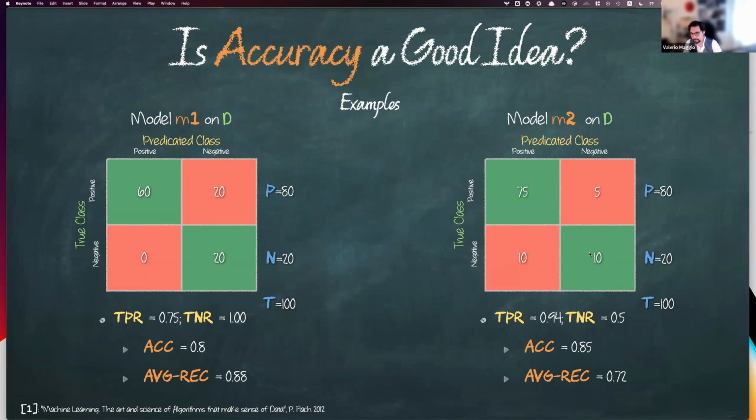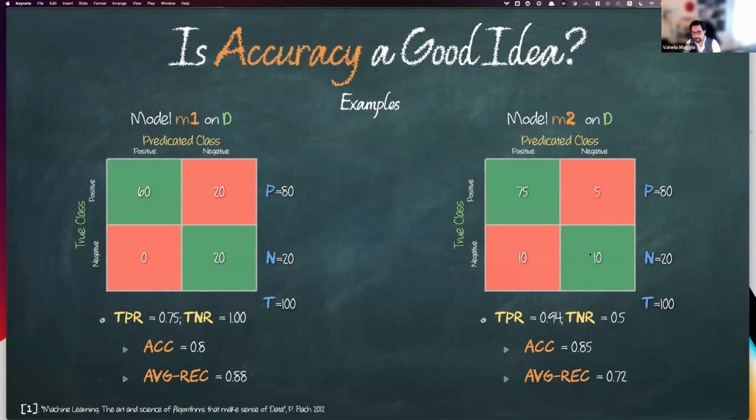On the right-hand side, we have the second model on the same data, which produces 85% accuracy. Compared to M1 it seems a little bit better. But if we look at the average recall, we have 0.72. So if we just look at the accuracy, we might lean towards M2.